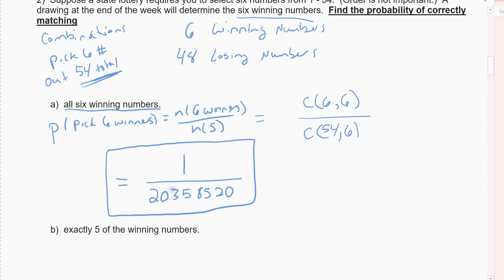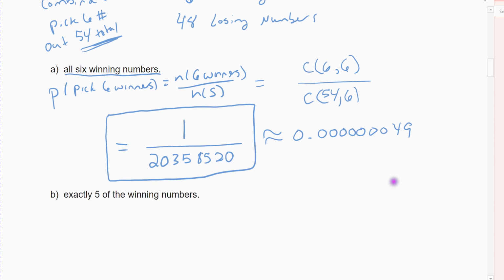And we would leave it as the fraction because the decimal, if you type it out, gives you scientific notation, and it's to the negative 8, so there's 7 zeros, then 7, and round 4, 9. Again, it's really small odds of you winning. This is how we'd probably leave it as the answer choices that you'd have to select from.